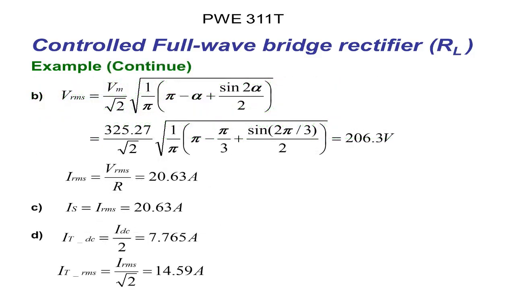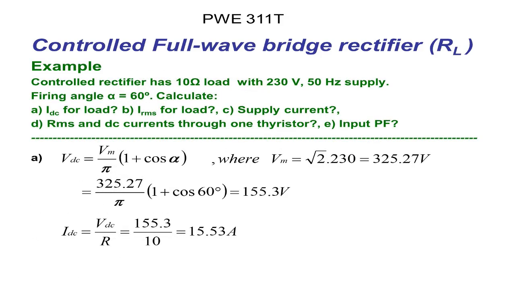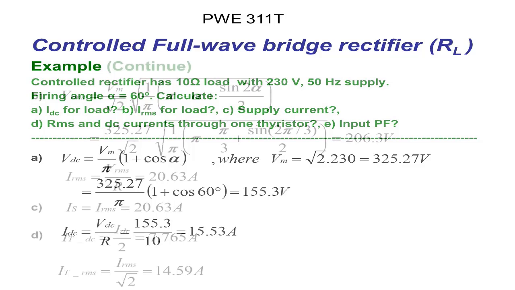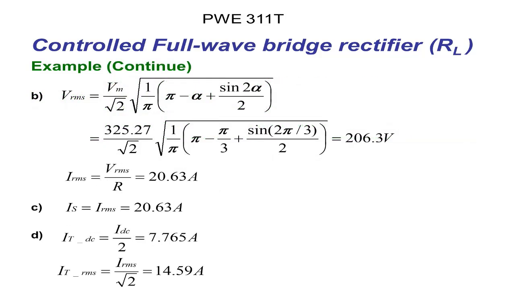And to calculate the IRMS for the load, I just need to get the VRMS so that I can divide VRMS by the resistance to get IRMS. VRMS from the equation we derived is V peak over root 2 multiplied by the square root of 1 over pi into pi minus alpha plus sine 2 alpha over 2.